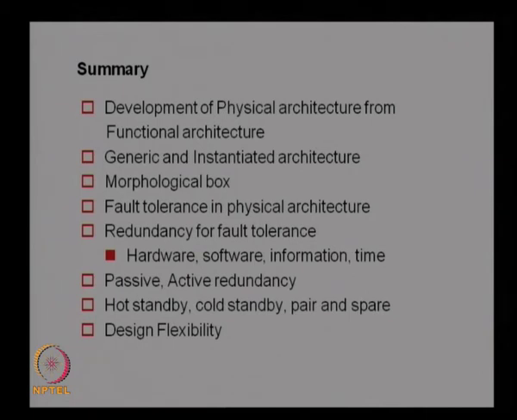All these methods of implementing the physical architecture are the core for developing a system, and we need to ensure that whenever we develop such systems, we look at the physical architecture, look at the functional architecture, and then from the functional architecture make a logical step towards physical architecture, identify the components, implement the additional functions like fault tolerance, and make sure that the system has the characteristics for future expansion also.